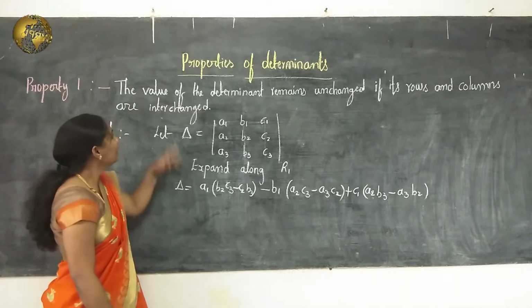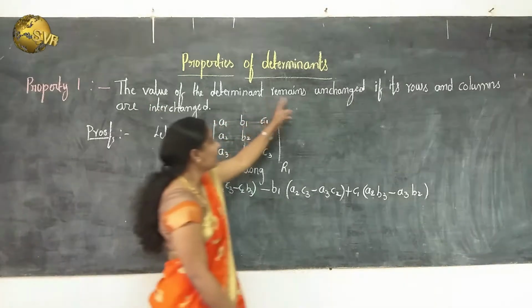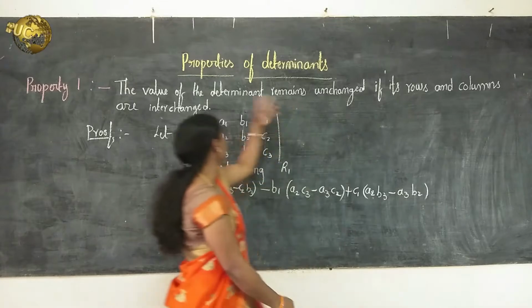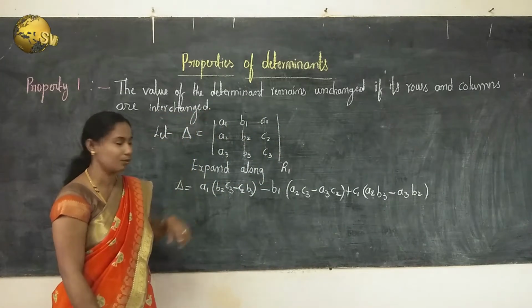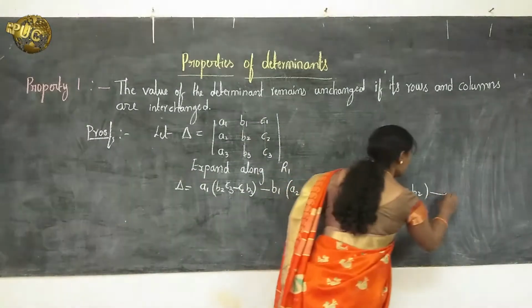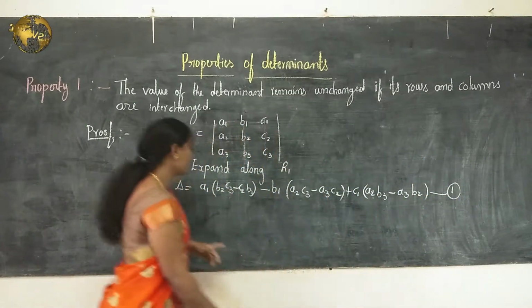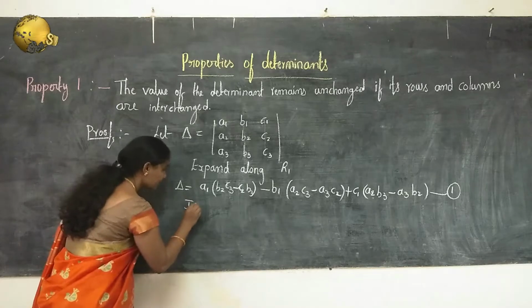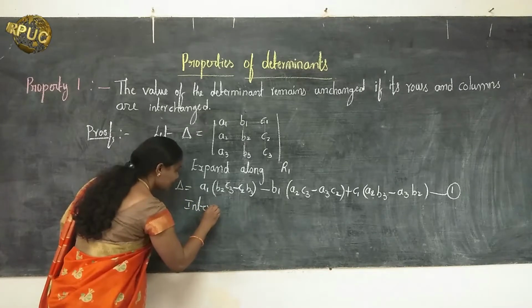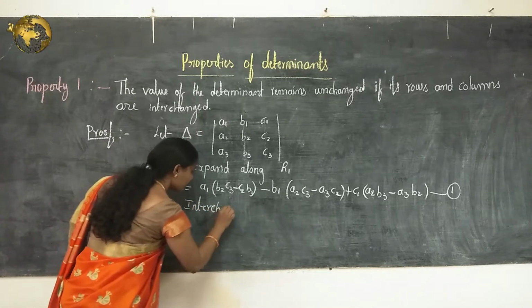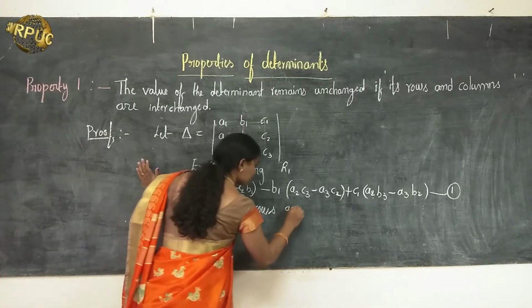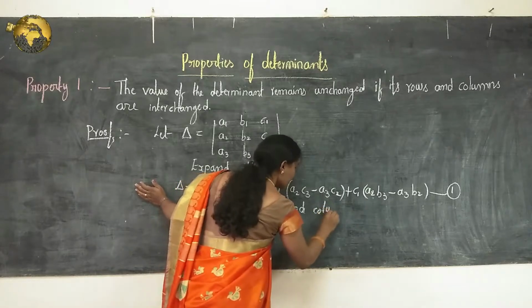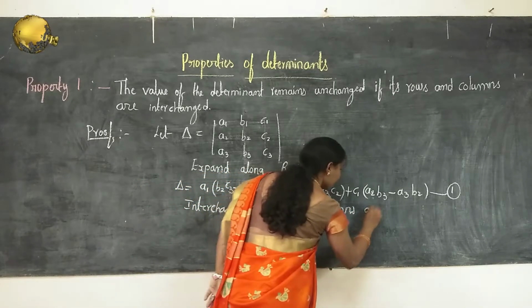Now let me change that. If we change the rows into columns and columns into rows, I will interchange the rows and columns of delta.